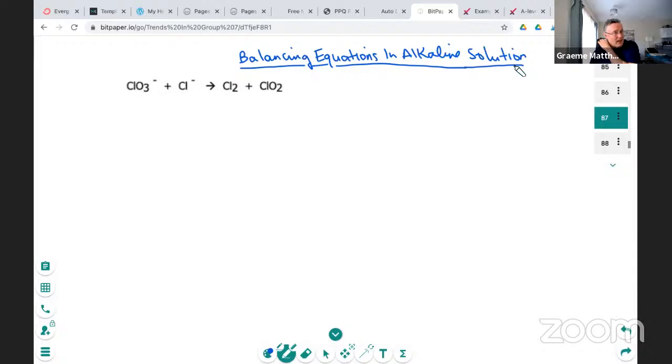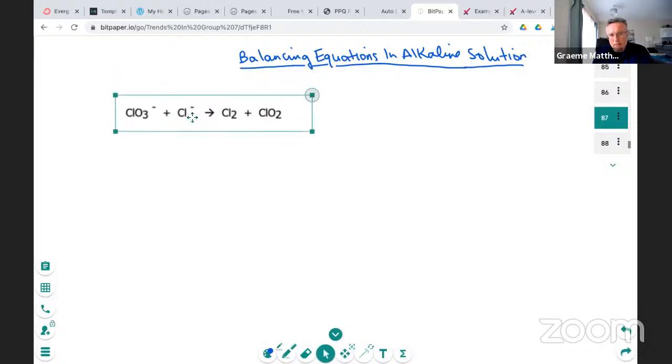I have seen alkaline equations beyond the exam, and if you're doing fuel cells in year 13, you'll also see these alkaline equation type questions in fuel cells.